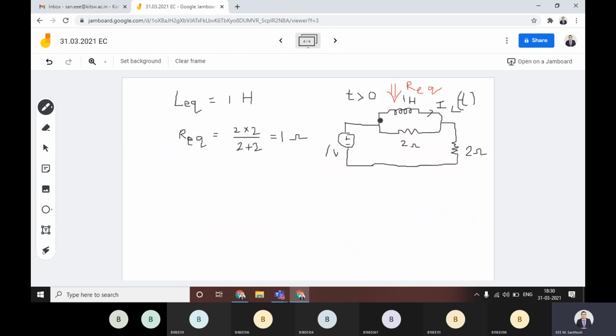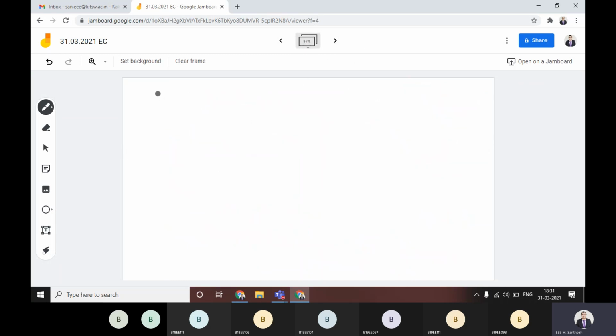I am next considering this kind of circuit with t going up to infinity. When t is reaching infinity, the same voltage source will be there. This is 1 volt. Then you consider the inductor.